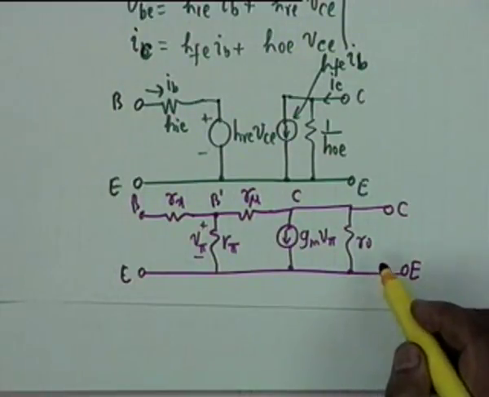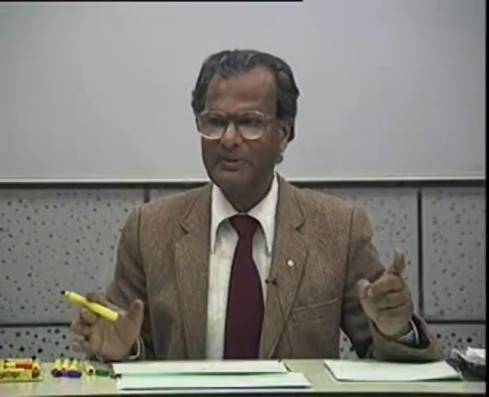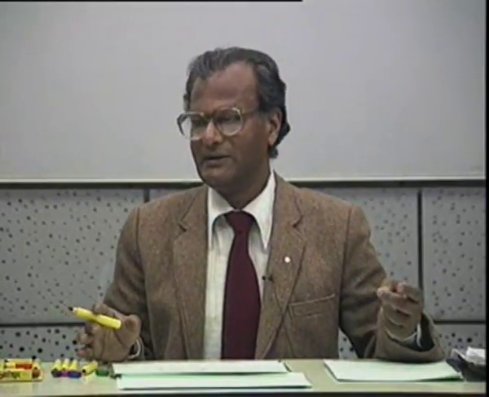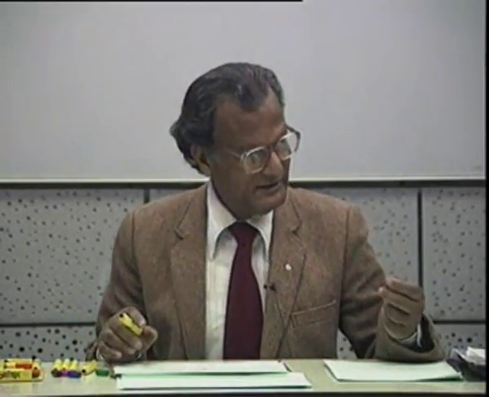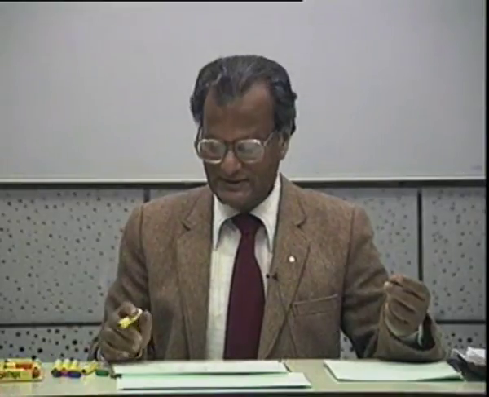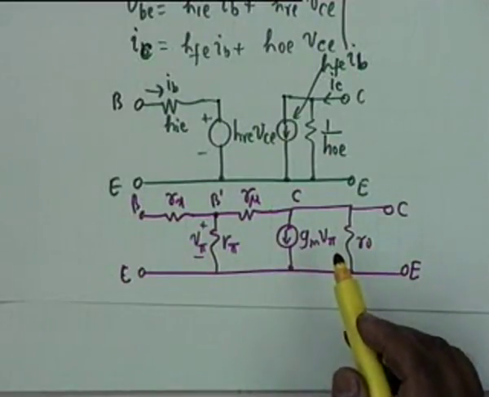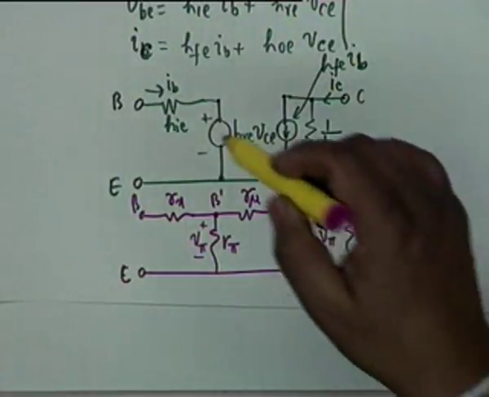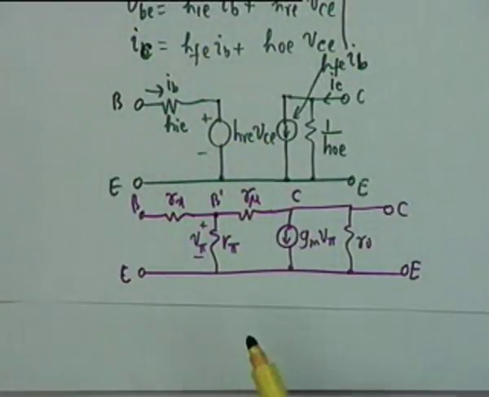This will make the hybrid pi parameter equivalent circuit complete. But since we are considering mid frequencies, this is enough. This suffices. And the relationship between the H parameters and the hybrid pi parameters can now be very easily constructed.